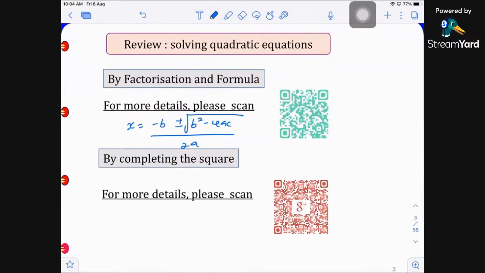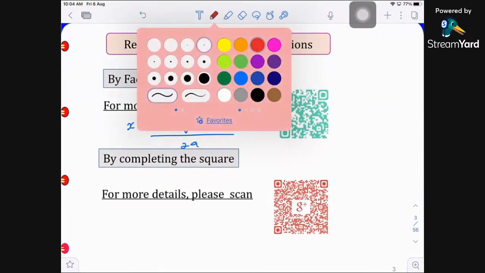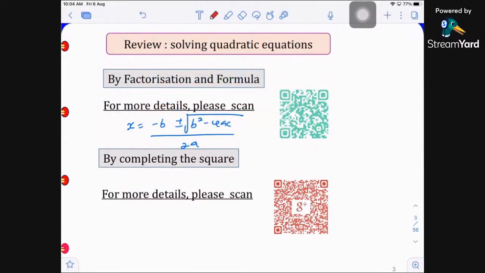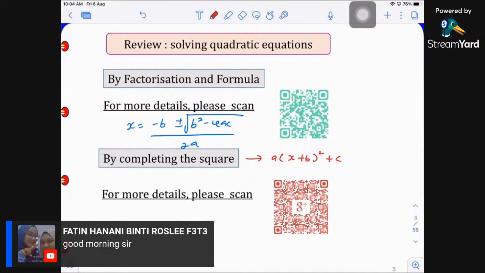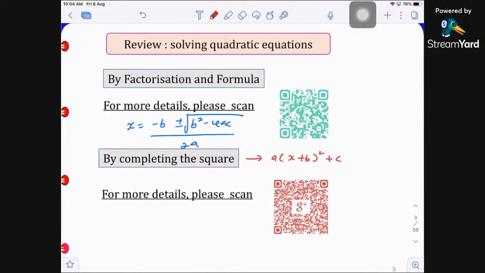Or you learned how to solve the quadratic equation using your calculator. Or we also learned how to solve by completing the square, a(x plus b) squared plus c. This is the standard form of completing the square. Yes or not? So you have learned these few methods on how to solve quadratic equations.